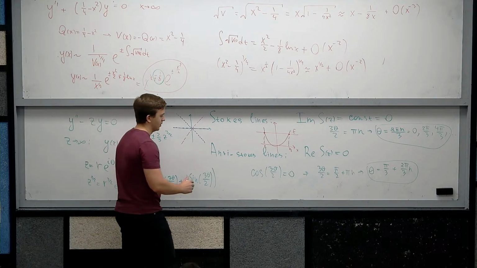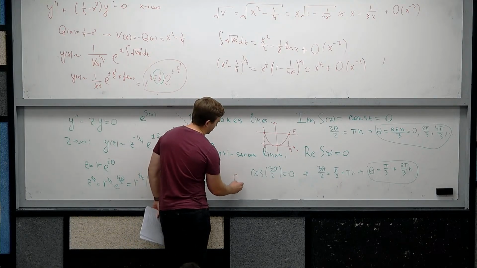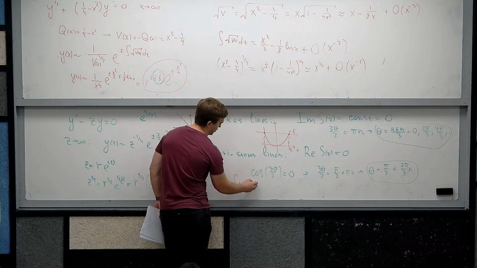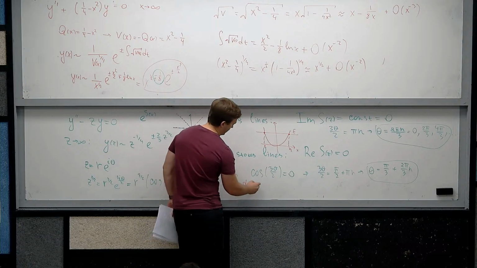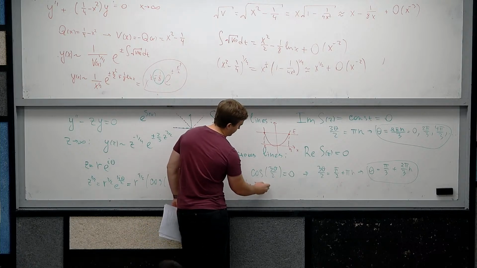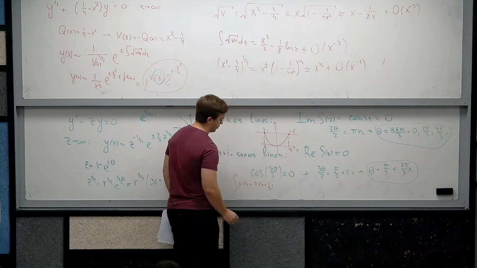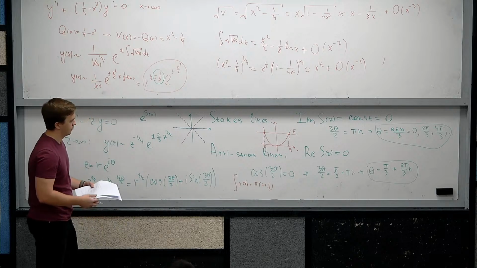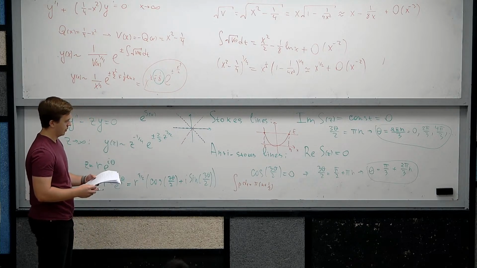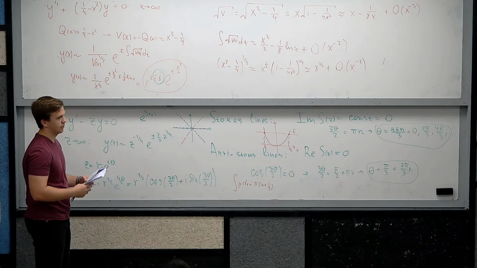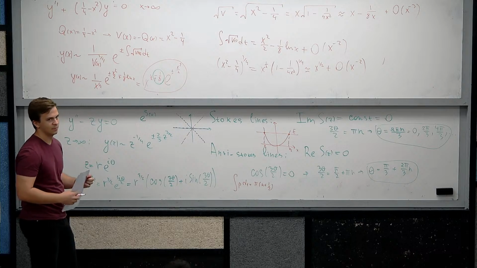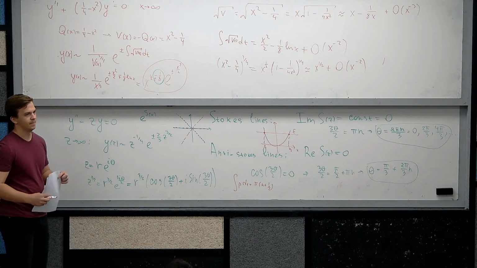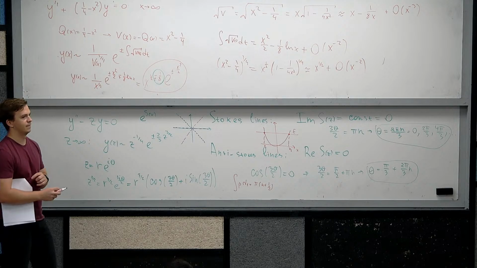Right. The integral of the action equals pi times n plus 1 over 2. Yeah. So, yeah, I think this is it. If you have any questions, please ask. Thank you.